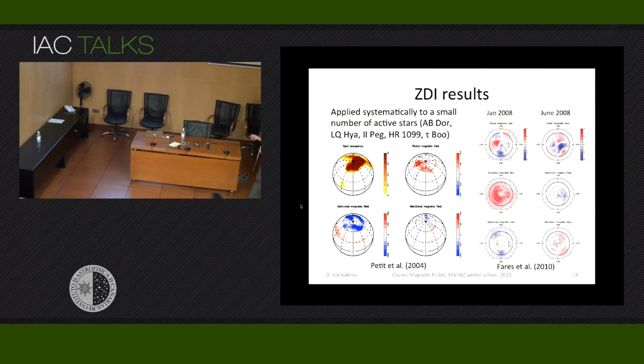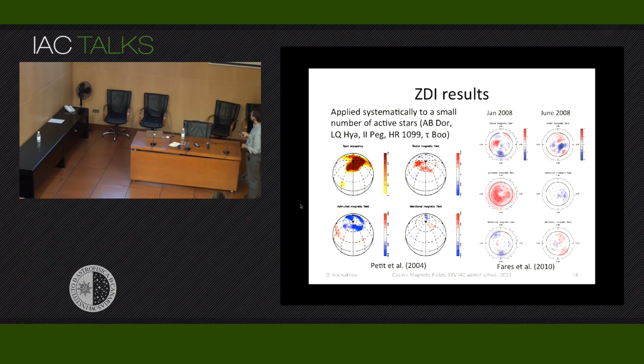So what is plotted here in these four pictures is the spot distribution, so the darker regions correspond presumably to cooler spots. Although in this study it was not the temperature that was reconstructed, it was just the brightness.